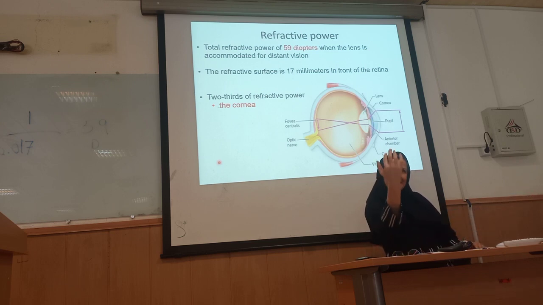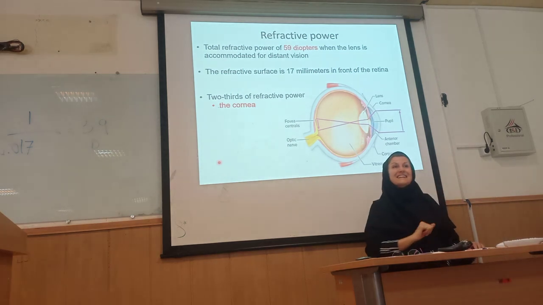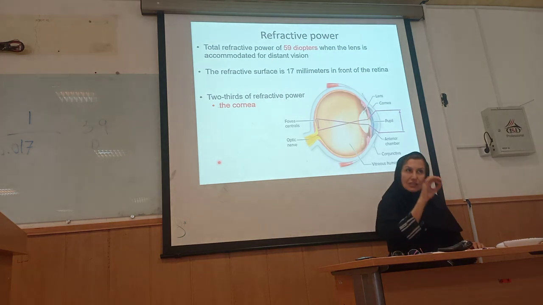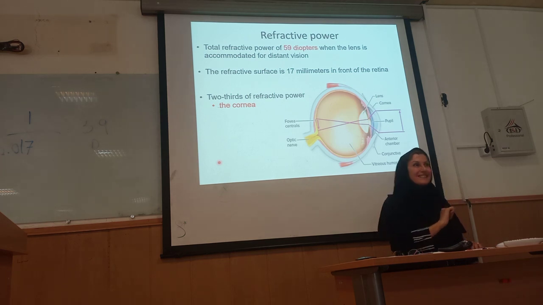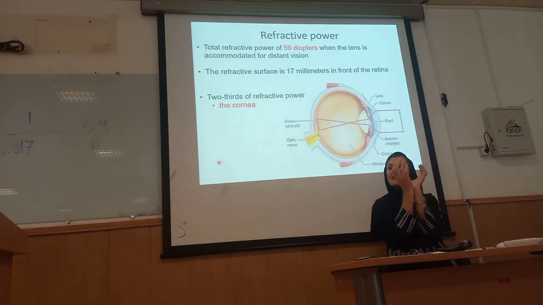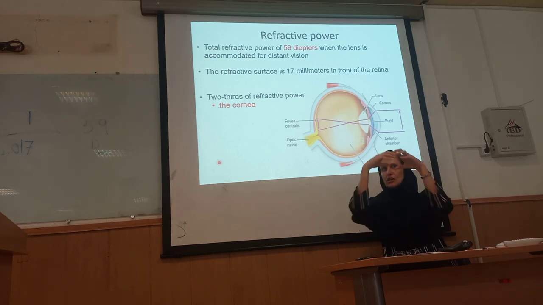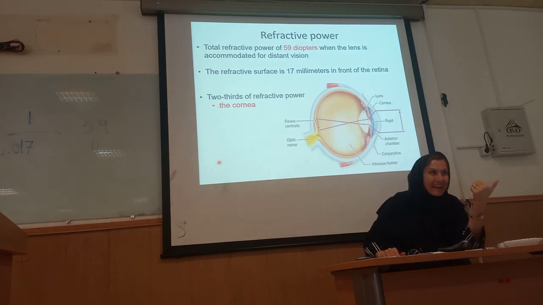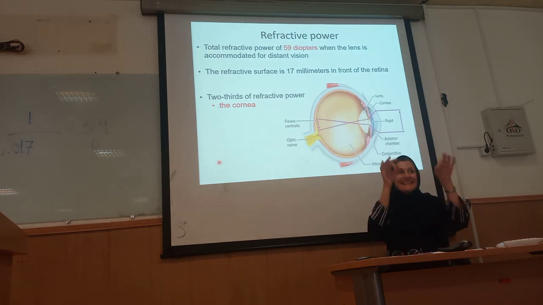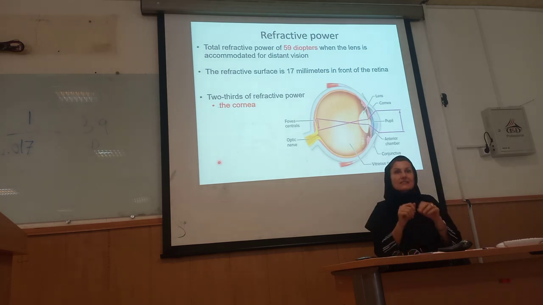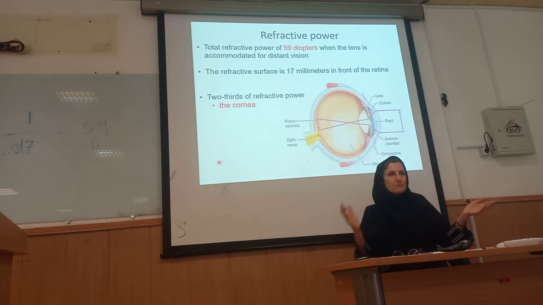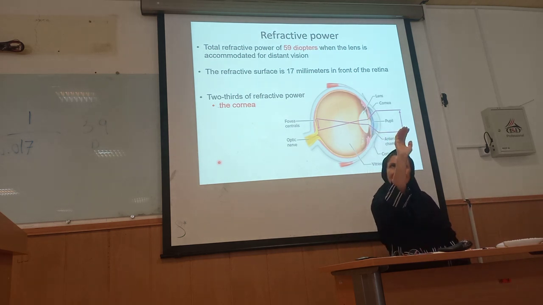But when something starts to come near to us, it is the lens that helps us to see it, because it can change its own curvature. And when the curvature increases, what happens? The refractive power of the lens increases. This is important because it can change. What about the cornea? This is constant. Constant, with distortion.